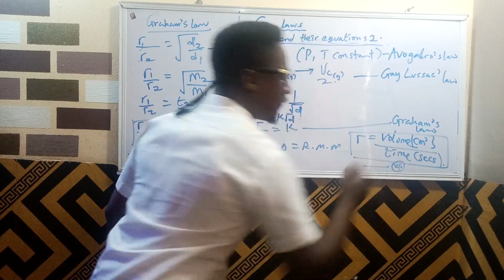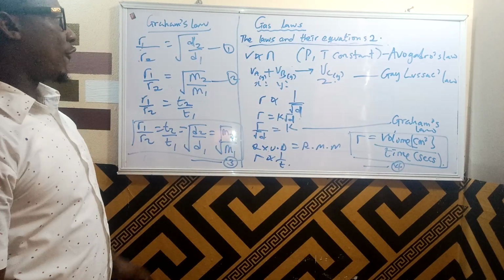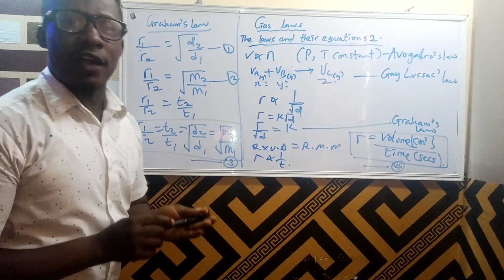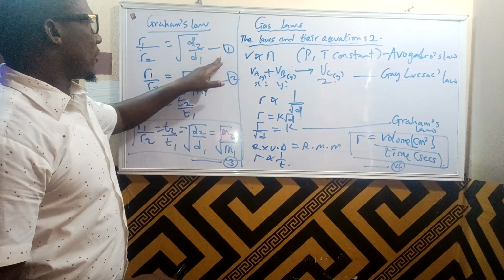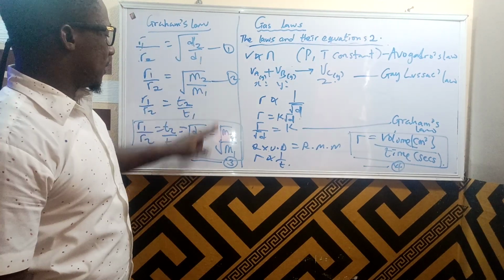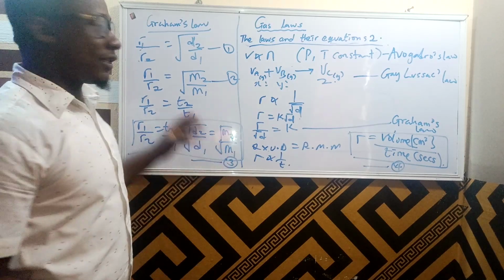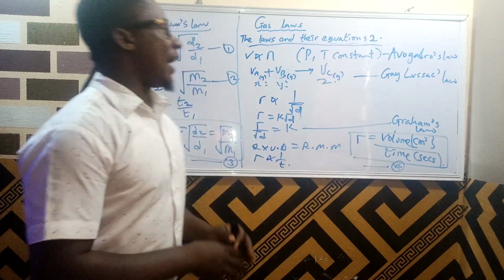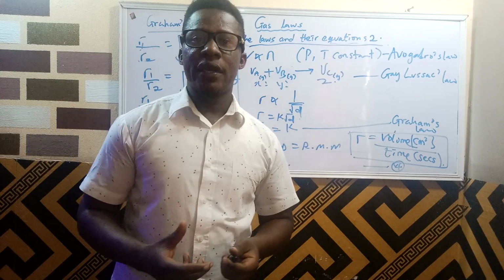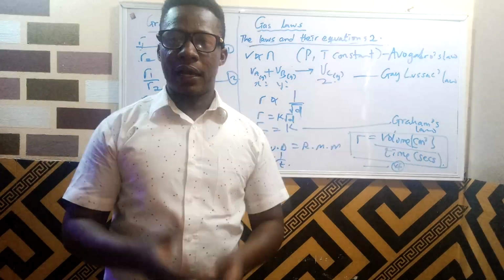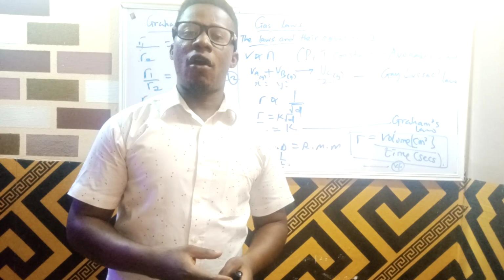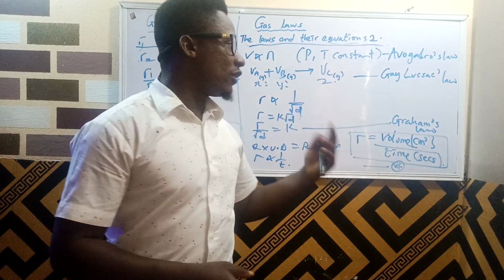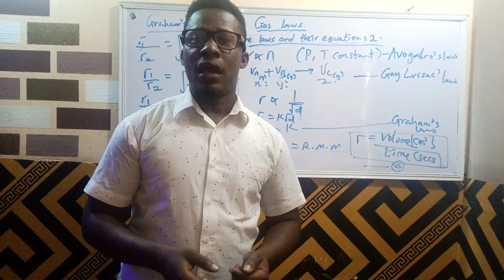Call this one equation 4. So for Graham's law of diffusion, you have these equations: the first two, the comprehensive one, and this one. These are the equations that we use in Avogadro's law, Gay-Lussac's law, and Graham's law of diffusion.